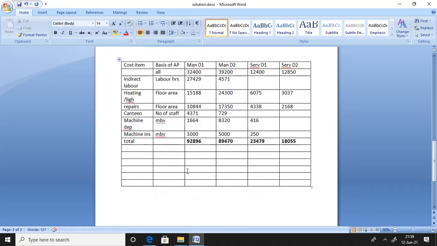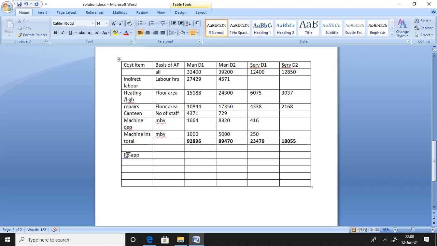All right, so now we come to the part of reapportionment. Reapportionment means we are now taking the service center costs and spreading them to production center costs. Why? Because there is no production that takes place in the service centers. Production only takes place in the production departments or manufacturing departments.